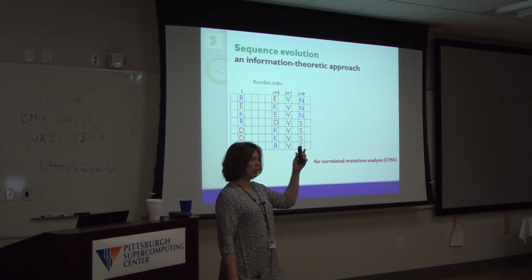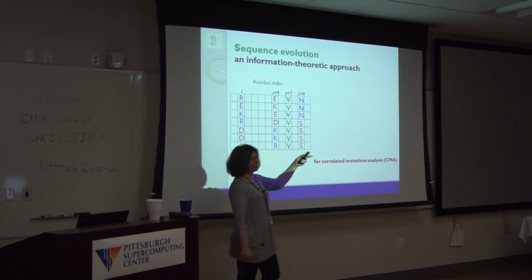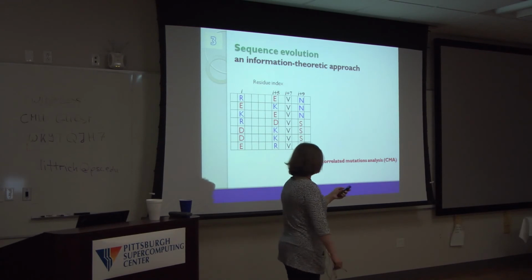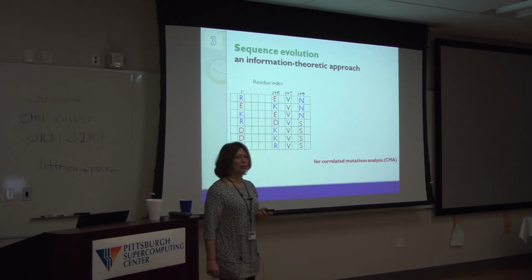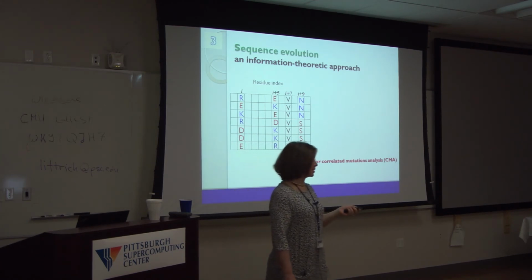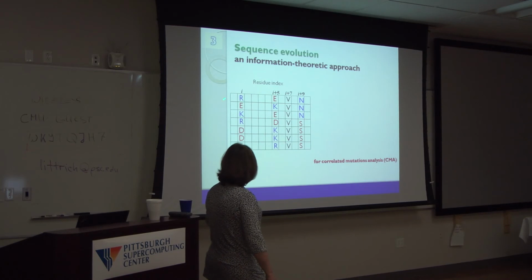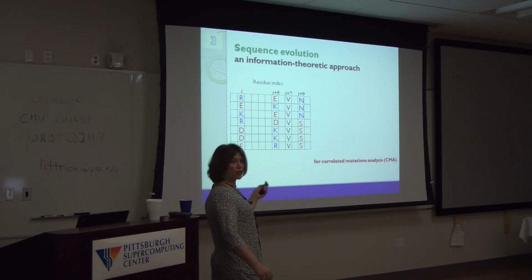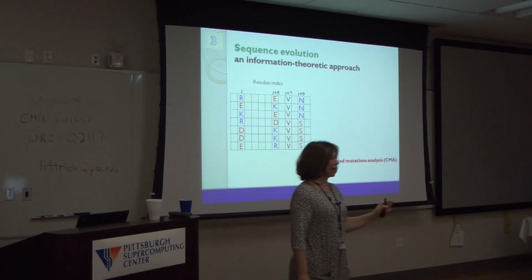You align the sequences. So this is your first sequence, the second sequence, third sequence. This is called a multiple sequence alignment, right? And in the multiple sequence alignment, the whole point is to look at columns. First of all, the correct alignment of sequences from different species, from orthologs, is an art in itself.